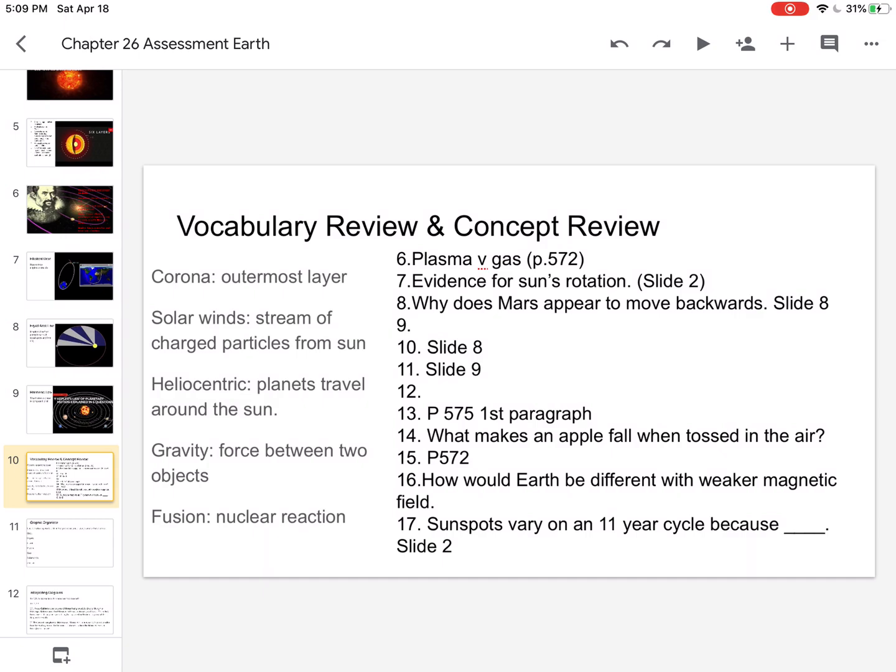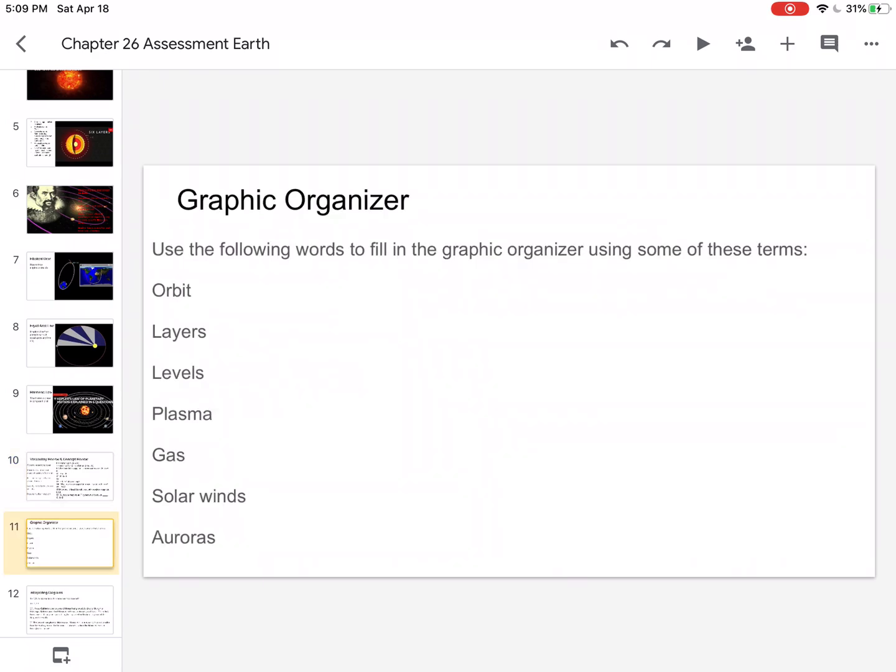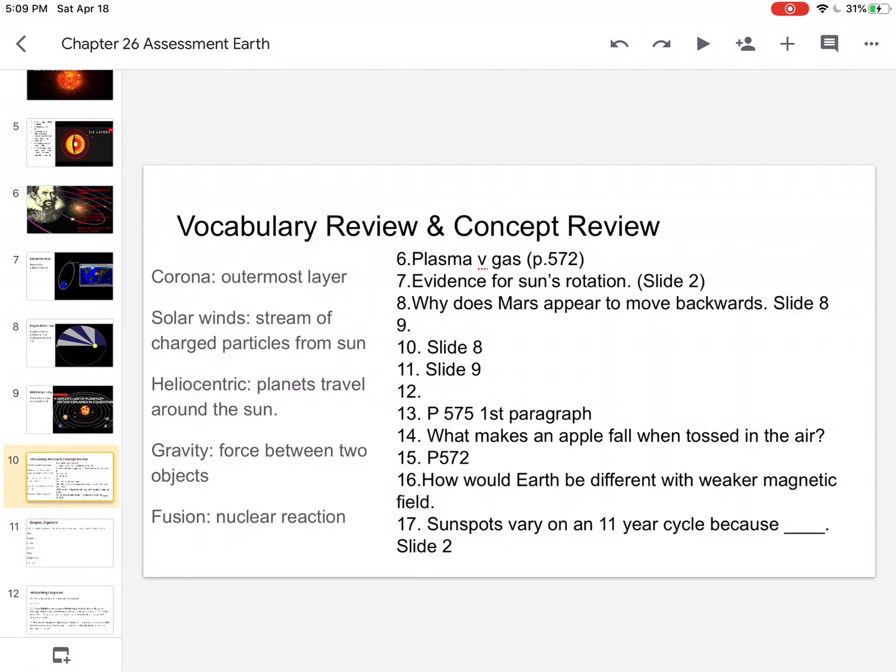Number 12 was the graphic organizer, and so that's on the graphic organizer right there. Let me read the question to 13. I know I didn't do this one. So this is a math one, so this will be a challenge.